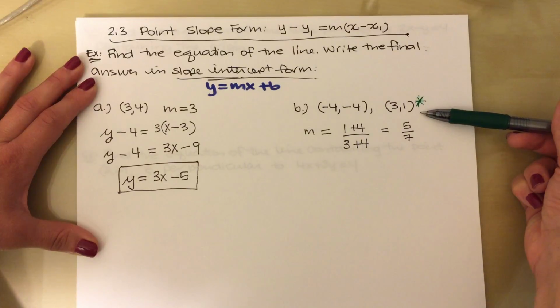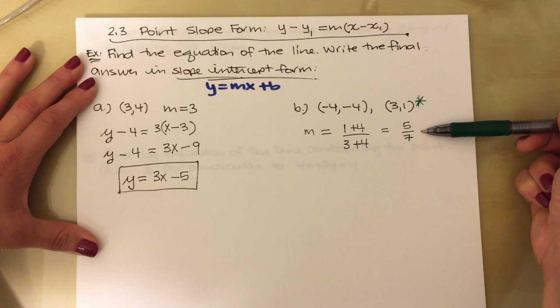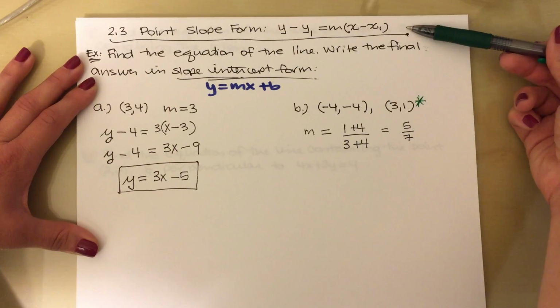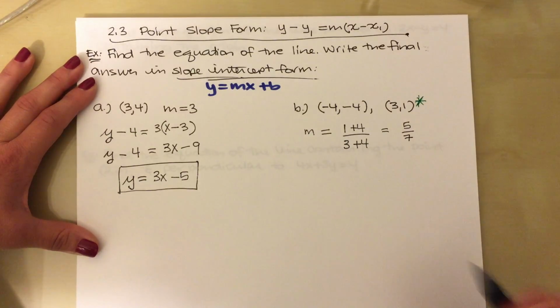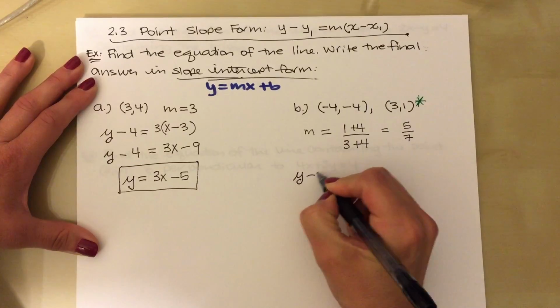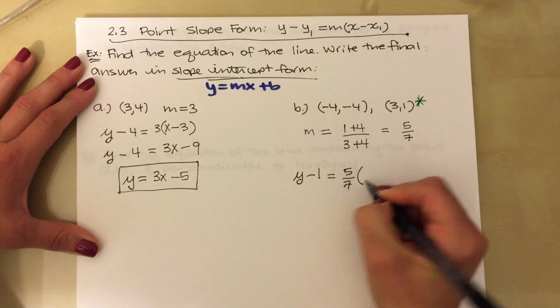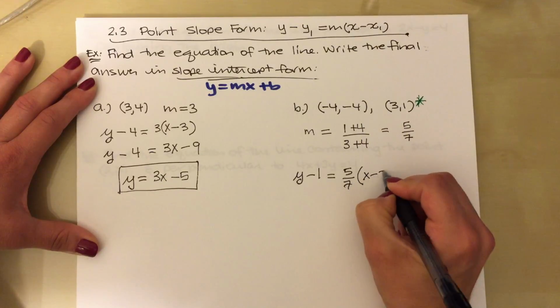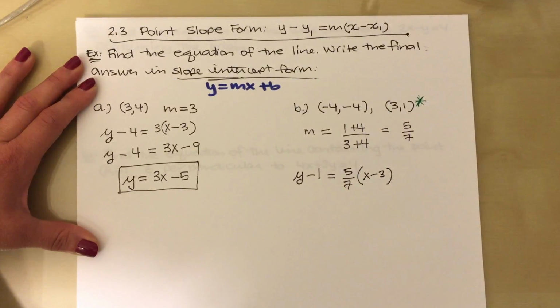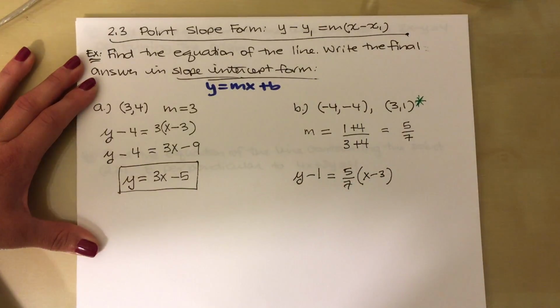I'm going to use (3, 1), and then our slope, and we input into our point slope form. And then we need to solve for y to put our answer in slope-intercept form.